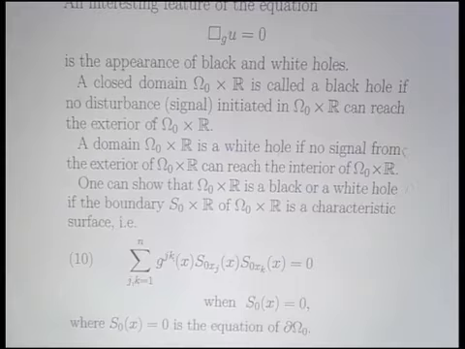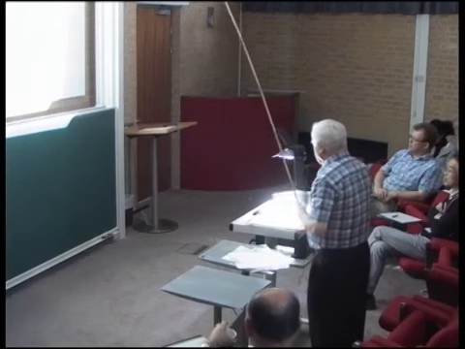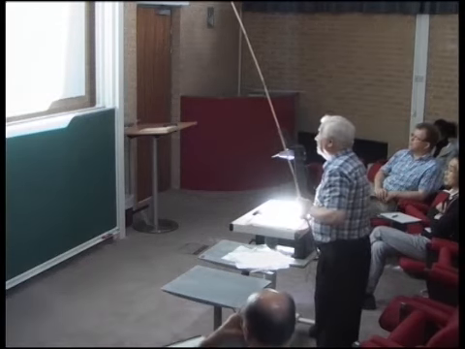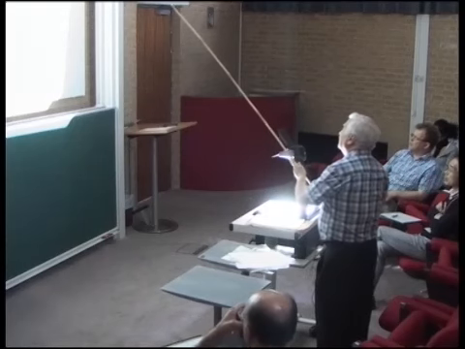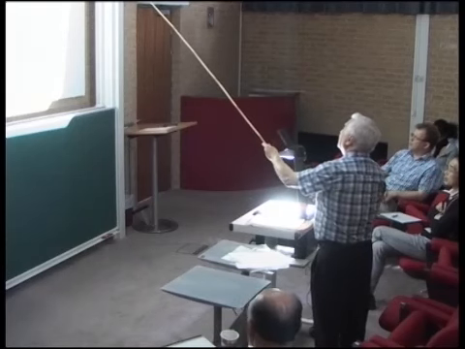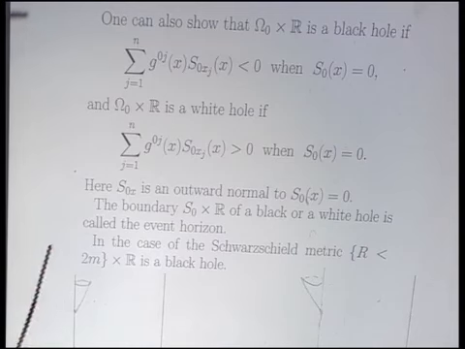It is also quite easy to prove that when you have such an inequality, it will be a black hole, and when you have the opposite inequality, you have a white hole. Always there is a strict inequality, either positive or negative. This follows from strict hyperbolicity.